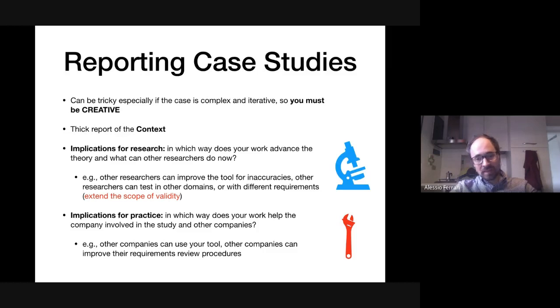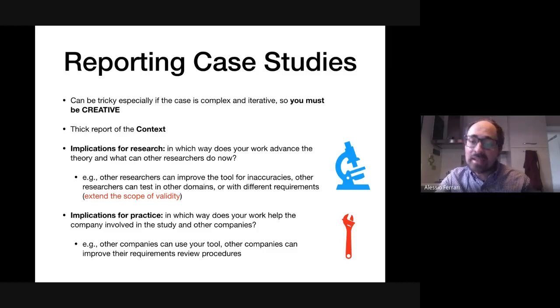Okay, so you understand that you've gone to a company, you somehow helped the company in 90% of the cases. You do some support work for the company. So you provided your help to a specific case in a specific industry. What other researcher can do, since you are publishing in a research venue, so the other have to learn something?